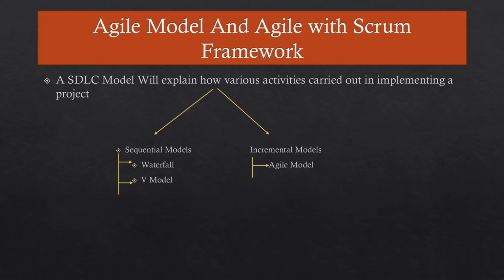As we know already, sequential models are well suited for developing small projects, since all development activities are implemented step by step for the entire project. Waterfall and V are the best examples of sequential models. I am not going to discuss these two models in detail; I just showed you what the sequential model is and its types.